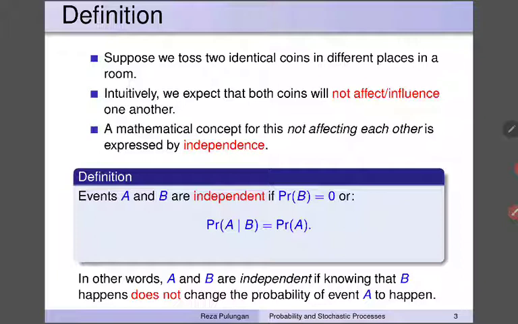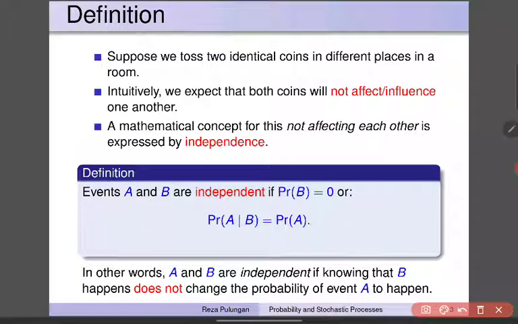We have our definition. Two events A and B are called independent if either the probability of B is equal to 0, of course. Similarly, either if the probability of A is equal to 0, or the probability of A given B is equal to the probability of A. Now, the main definition here is this part.